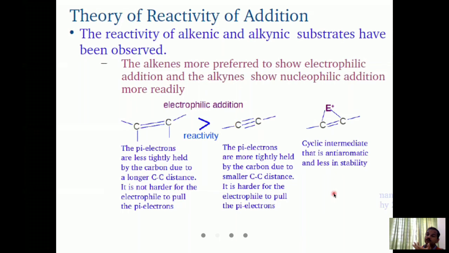But in this case, a conjugated system is there, but 4n plus 2 is not followed. Here only 2 pi electrons are there, so this is not aromatic in nature.